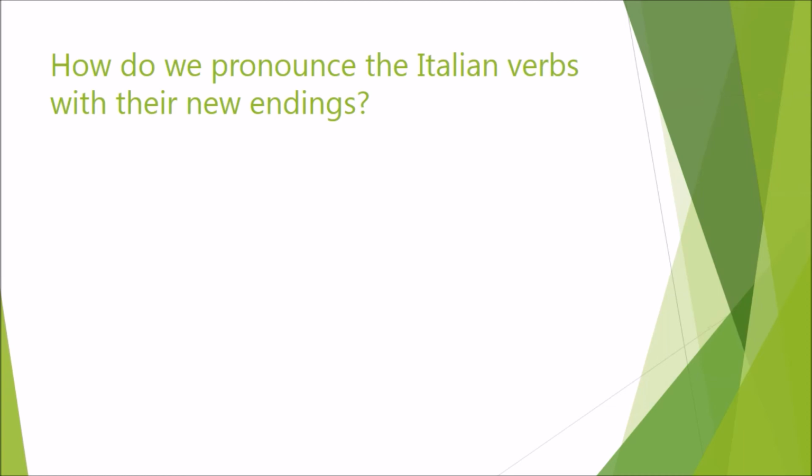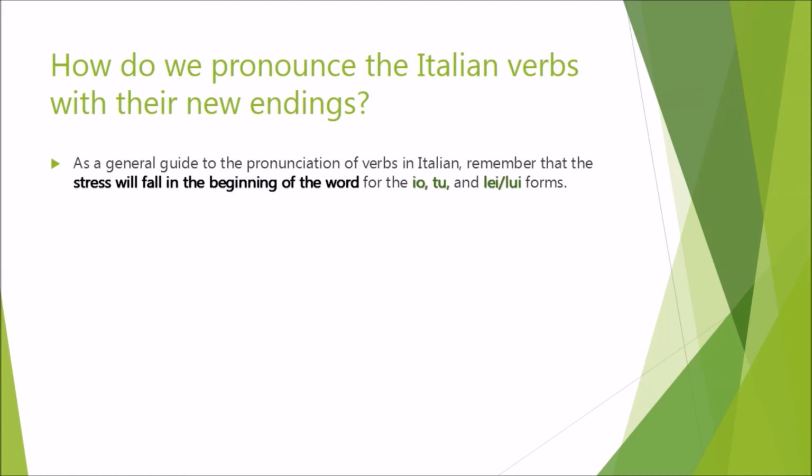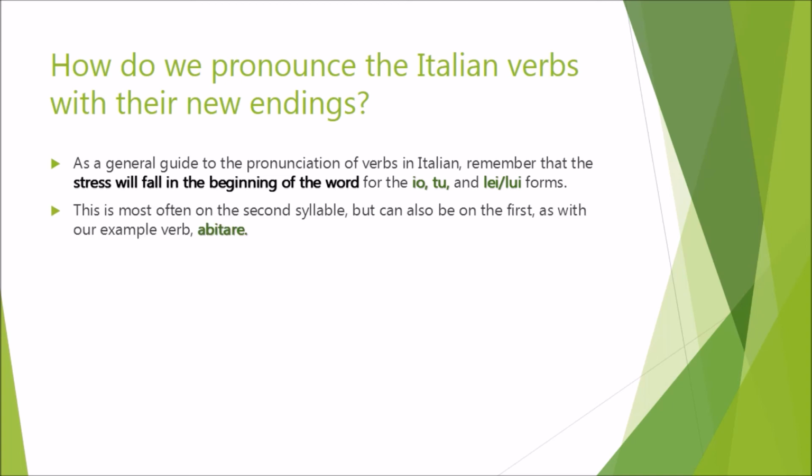As a general guide to the pronunciation of verbs in Italian, remember that the stress will fall in the beginning of the word for the io, tu, and lei, lui forms. This is most often on the second syllable, but can also be on the first, as with our example verb, abitare.